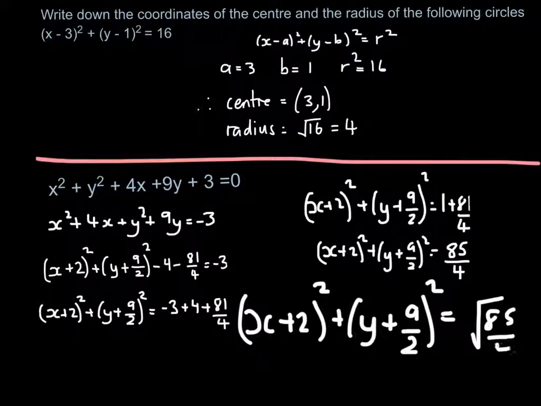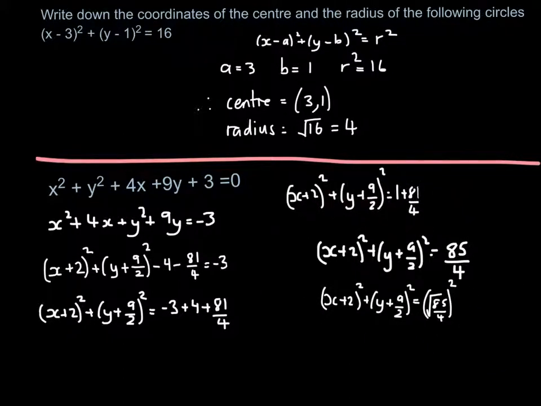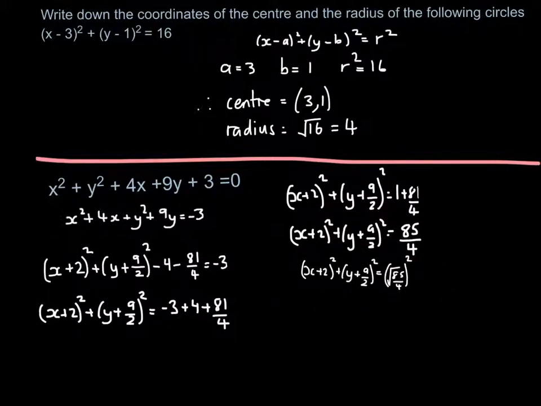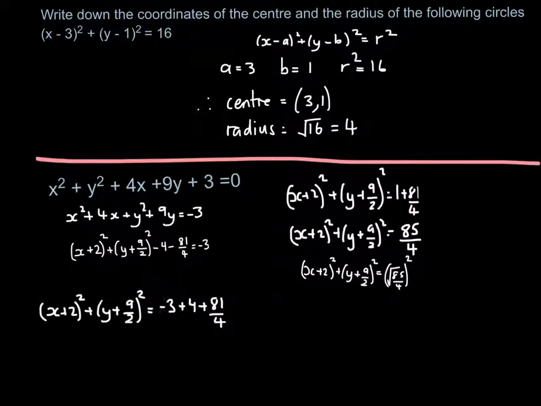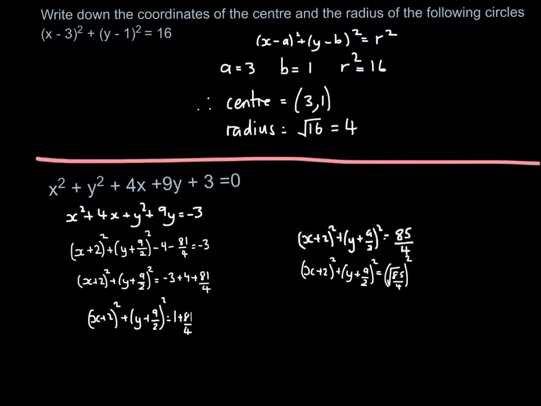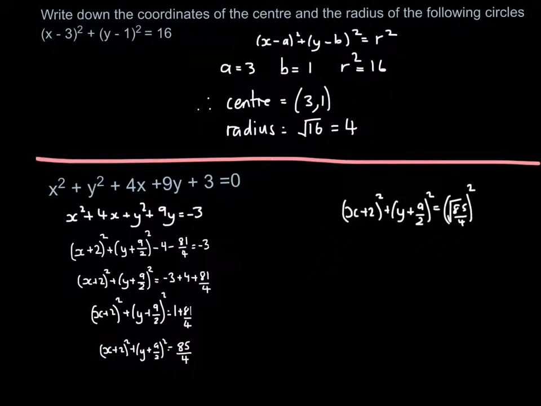Now I can't just randomly square root it. I'm going to have to do the opposite, so it still is effectively 85 over 4. Okay? And then that square root and the squared cancel each other out. So I'm just shrinking everything down at the moment, so I can give myself a bit more room to finish off. Alright. So, therefore we've come down to that bit.